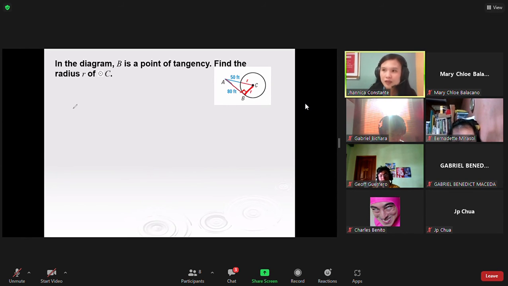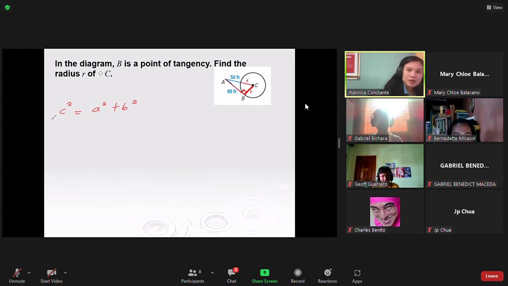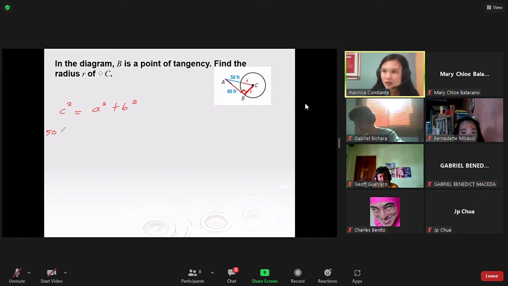So we have c squared equals a squared plus b squared, wherein c is the hypotenuse, and a and b are the legs of our triangle. The hypotenuse is the measurement of 50 feet plus the measurement of the radius.